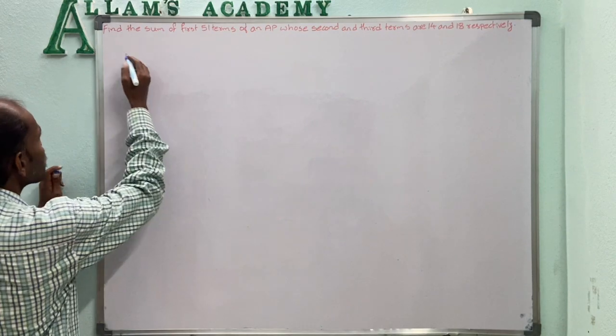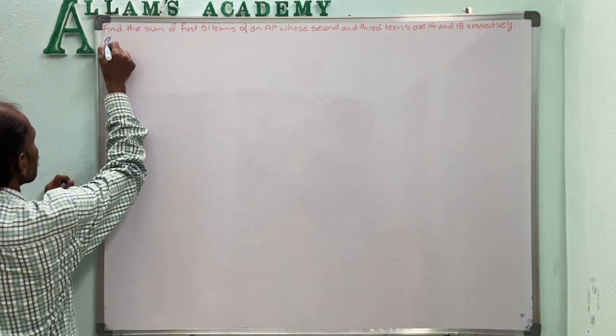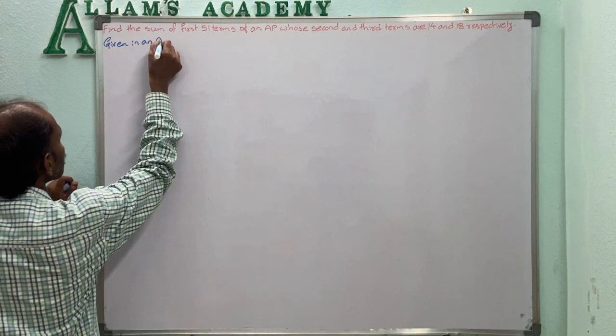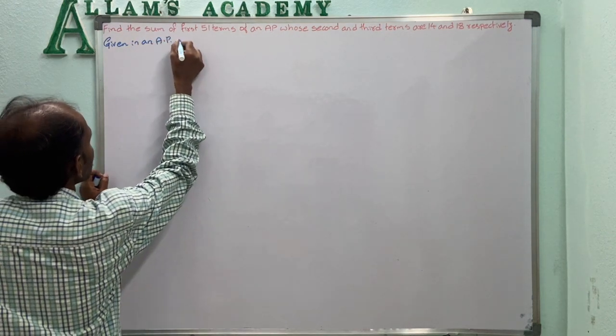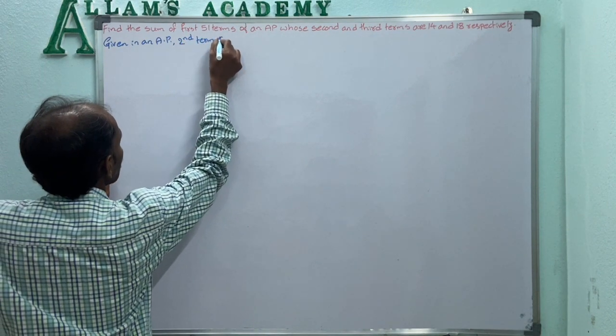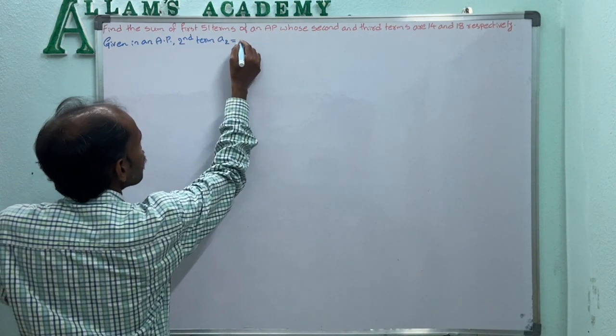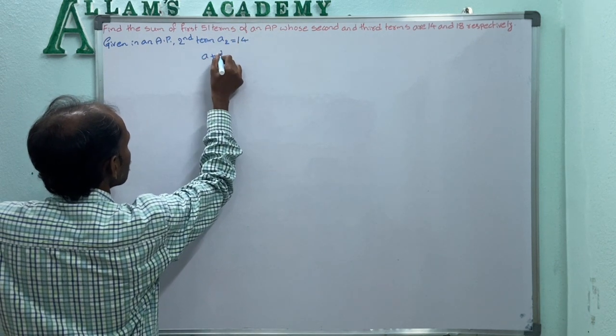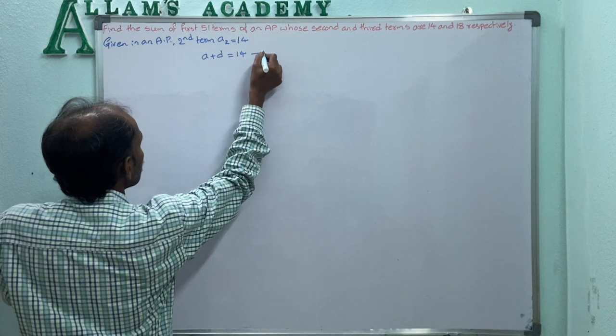Using that, given in an AP the second term a2 is equal to 14. So a2 is nothing but a plus d, that equals 14.